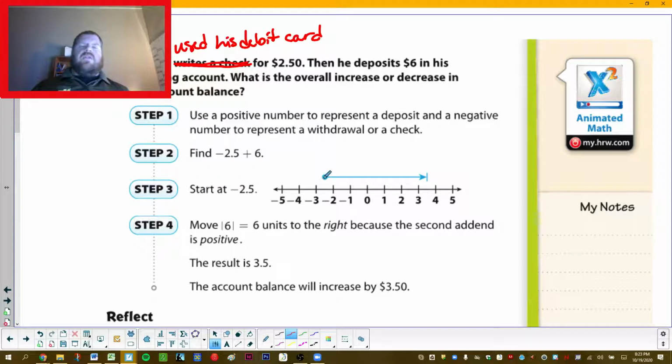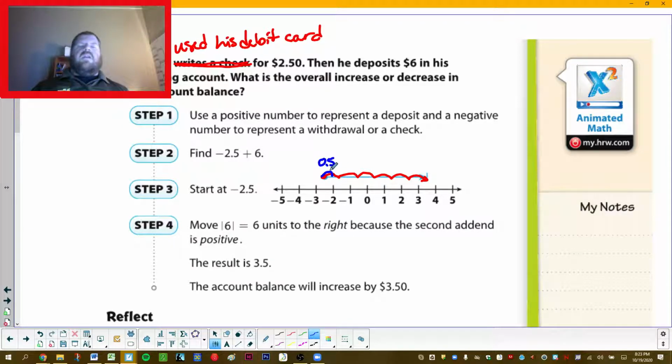Now, how you want to do that, since we have a decimal and then a no decimal, is kind of up to you. You can just move to the gaps here, move 6 times. That's one way to do it. Another way that some people like is to move to the 2, so I move 0.5.